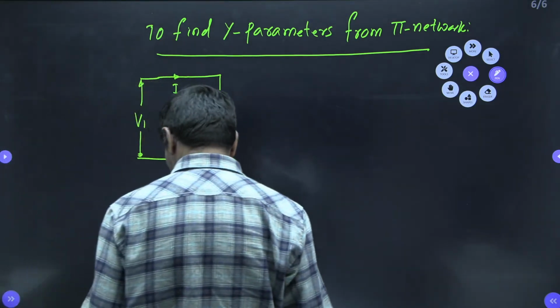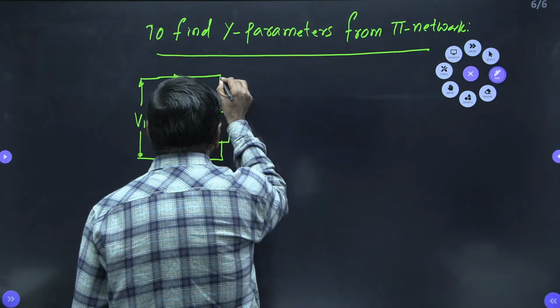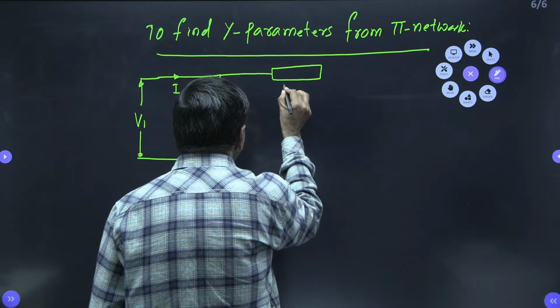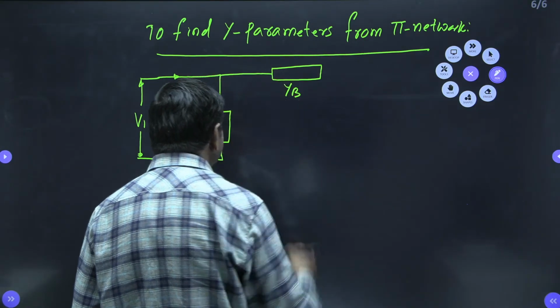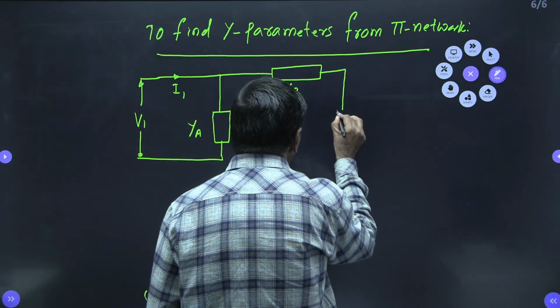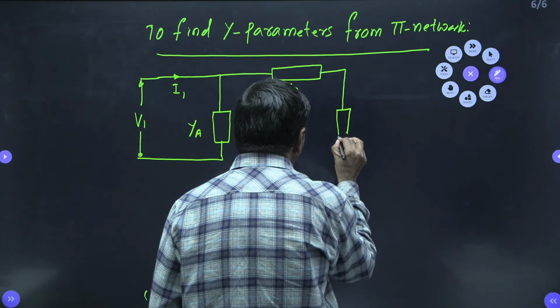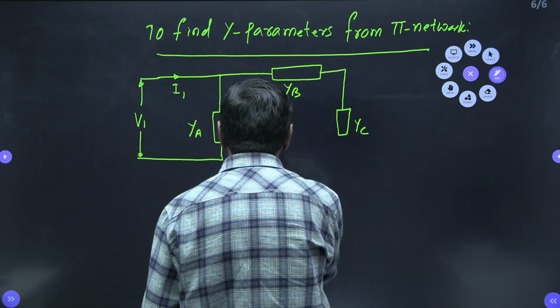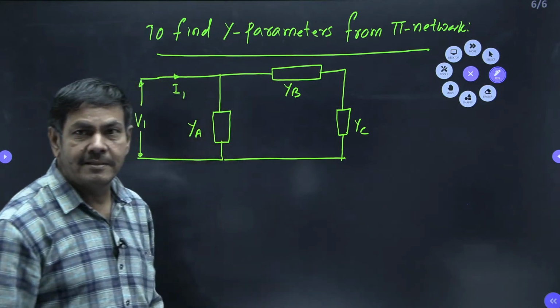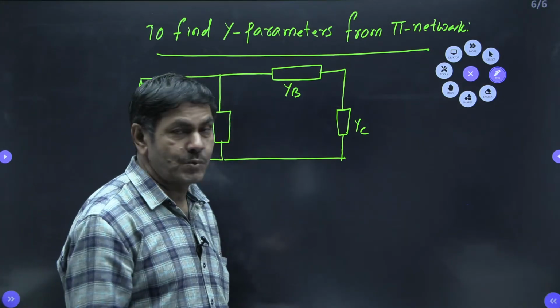And next, I can say YB is connected this side. This is YB. And here it is connected with YC. YA, YB, YC are nothing but admittance values.